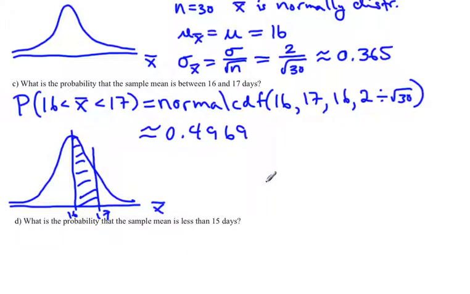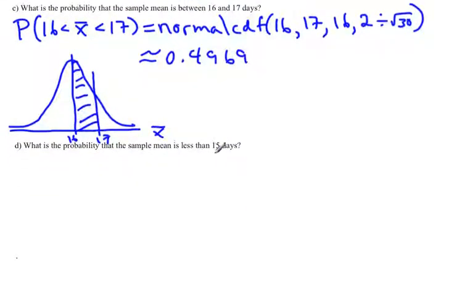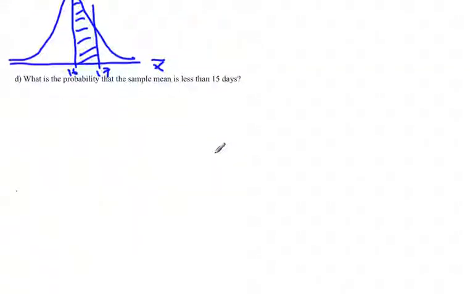So it tells us that almost 50% of all of the sample means would be between 16 and 17. So if you took a whole bunch, or in this case 30 hummingbird eggs, and you found their sample mean length of incubation time, you would actually find you'd have a 50% chance of getting that kind of sample mean between 16 and 17.